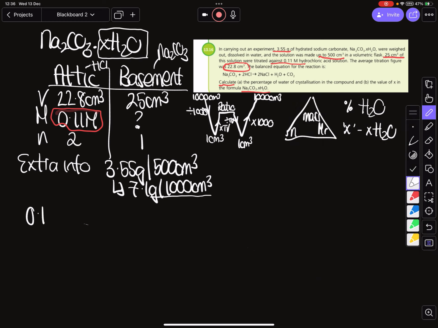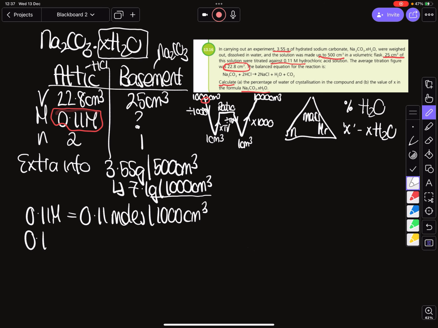So we're going to take our weigh-in, which is the 0.11 big M, and I always like to say what that means. So that is moles in 1,000 centimetres cubed. So we are at this point of our W up here. Our first step is to divide the 0.11 by 1,000. When we do that, we get 1.1 by 10 to the minus 4 moles in a centimetre cubed.